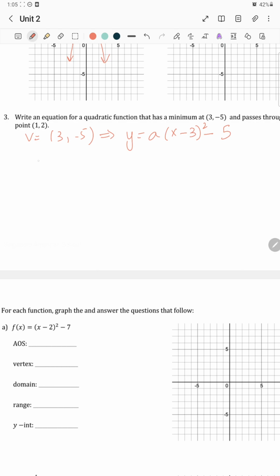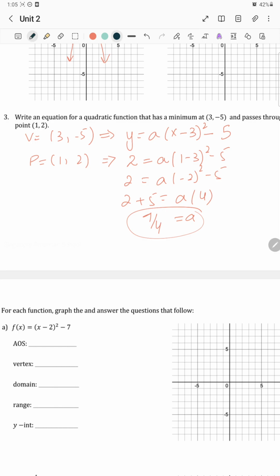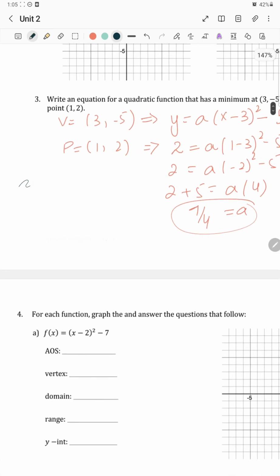Now the point 1, 2: 2 equals a times (1 minus 3) whole squared minus 5. 2 equals a times (-2) whole squared minus 5, so 2 plus 5 is equal to 4a, 7 by 4 is equal to a. So the final equation is y equals 7/4 (x minus 3) whole squared minus 5.